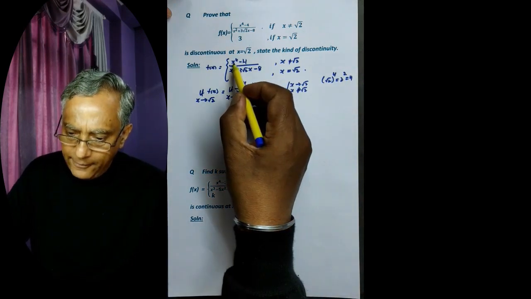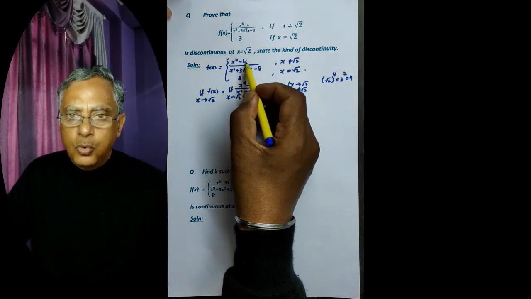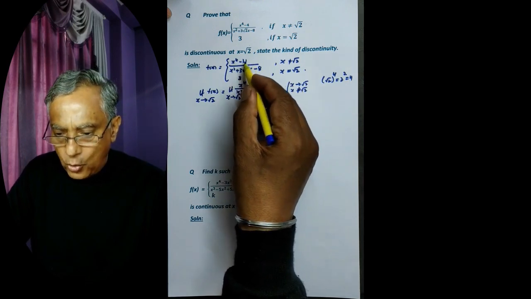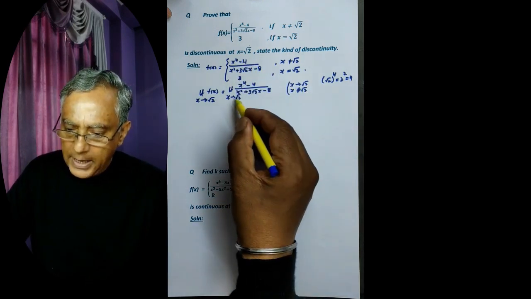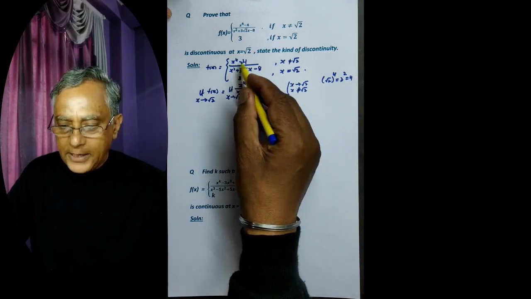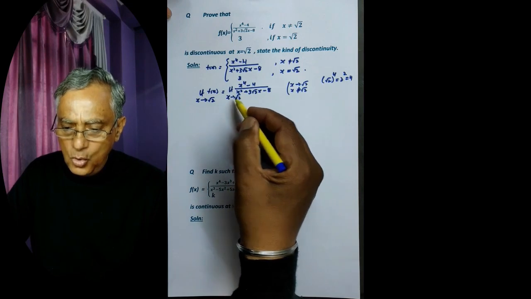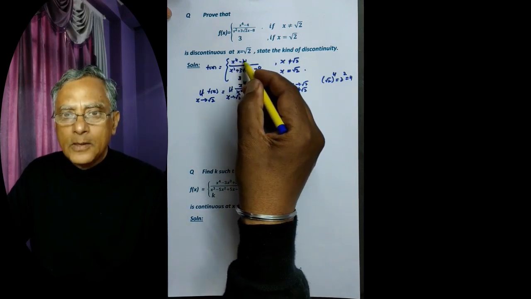So what we have is 4 minus 4, that is 0. So we know beforehand that x minus root 2 will be a factor of this polynomial.